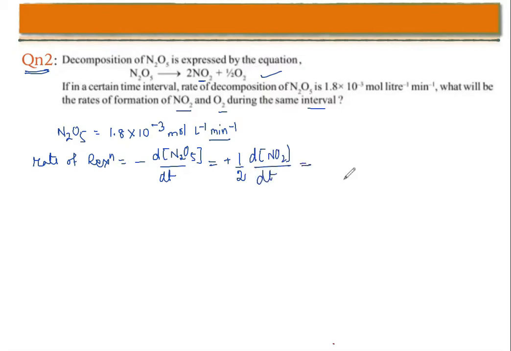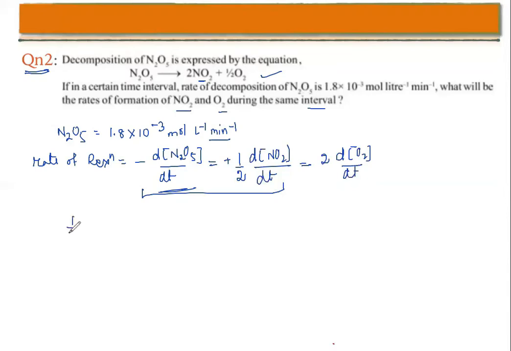Again, the formation of O2 gas. So here half is there, so I'm writing here 2. So 1 by half is equal to 2, so 2 d O2 divided by dt. Now the data given is the rate of this is already given. So he is asking, find out the rate of NO2 and O2. So how can you find out? Again, take these two values, try to find out the rate of formation of NO2.